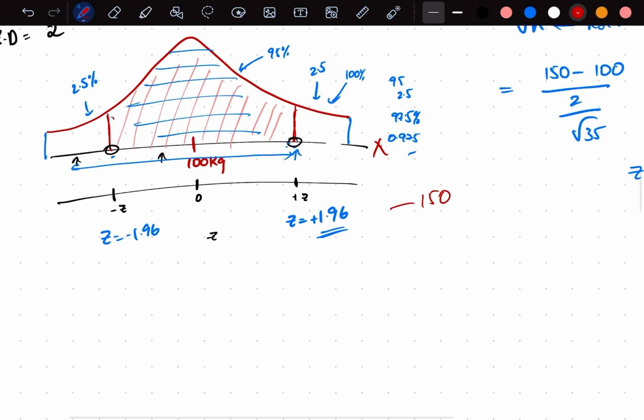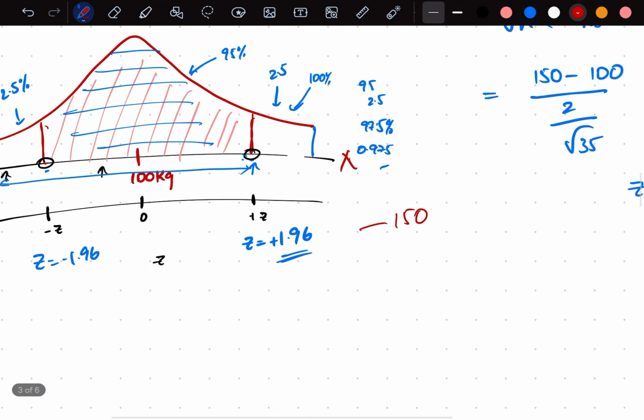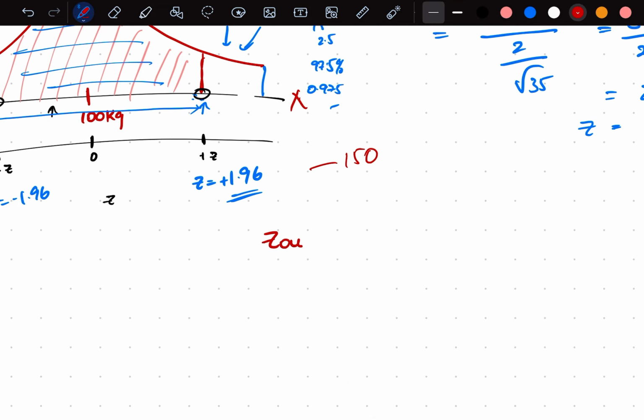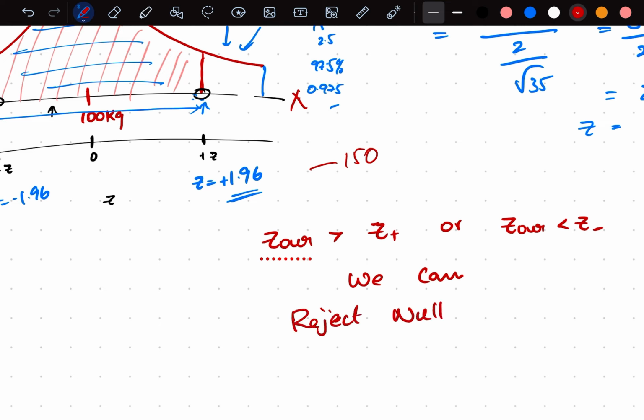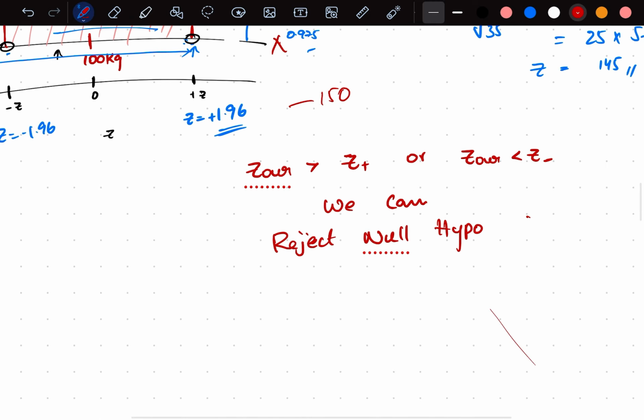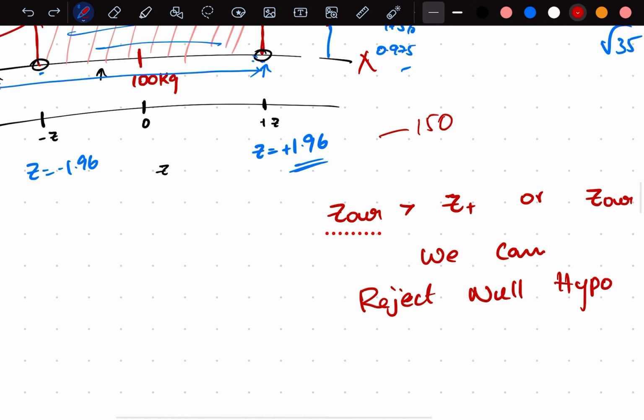So we can clearly say that if our z value is greater than z positive, or less than z minus, then we can reject the null hypothesis.